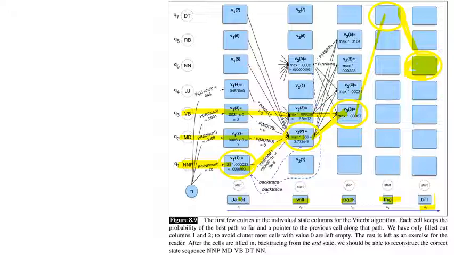For the fourth word, the, is the seventh tag. And then finally, for the word bill, is the fifth tag, noun. So that's how you obtain the best sequence of the tags for the given sentence.